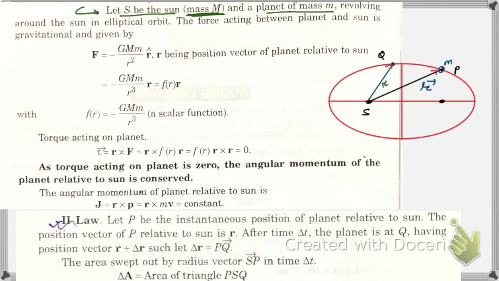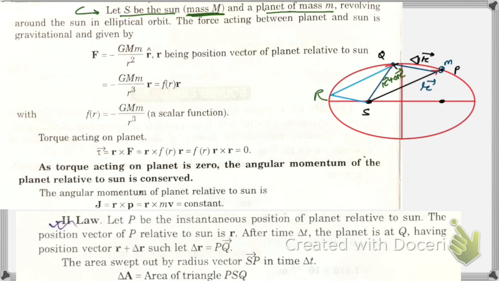Its position vector at this point is suppose r vector plus del r. Let me consider it that way. So that displacement is del r, and let me complete this parallelogram. Let me draw PQRS as a parallelogram.